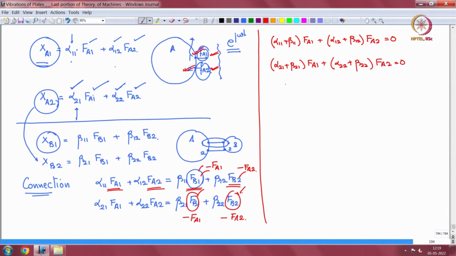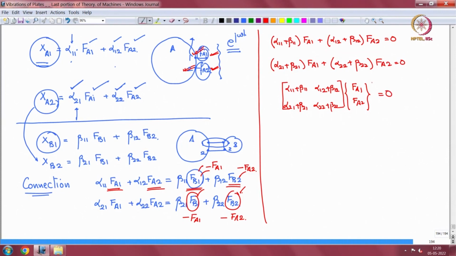If we now put it in a matrix form, we have alpha 11 plus beta 11, alpha 12 plus beta 12, alpha 21 plus beta 21, alpha 22 plus beta 22, times FA1, FA2 equal to 0.